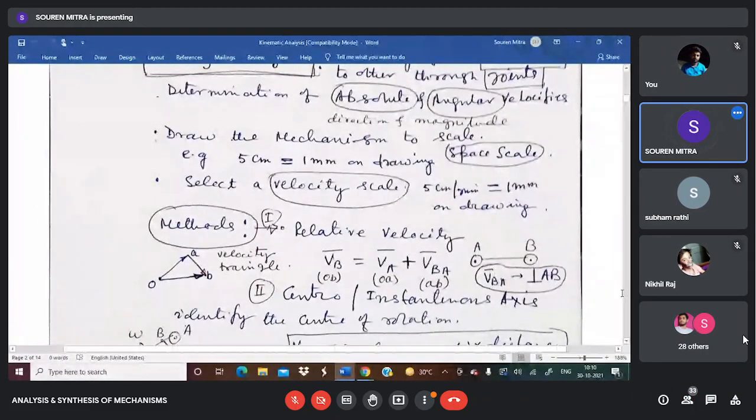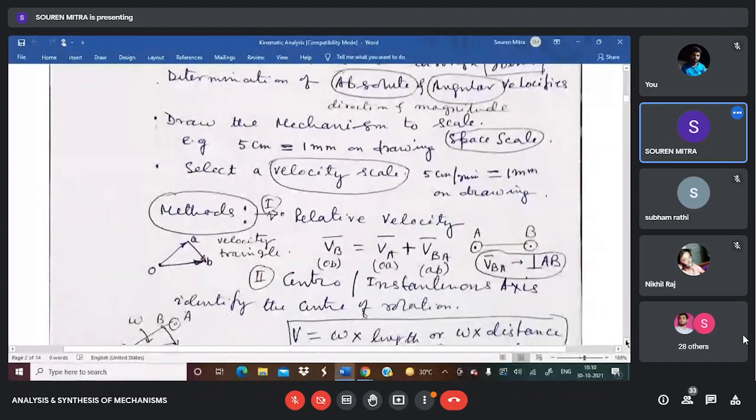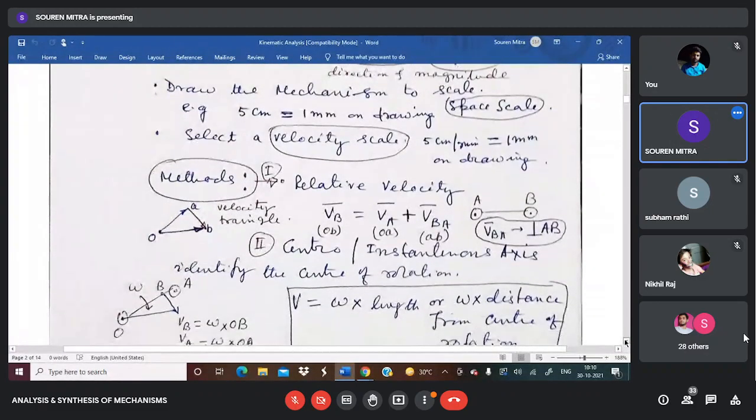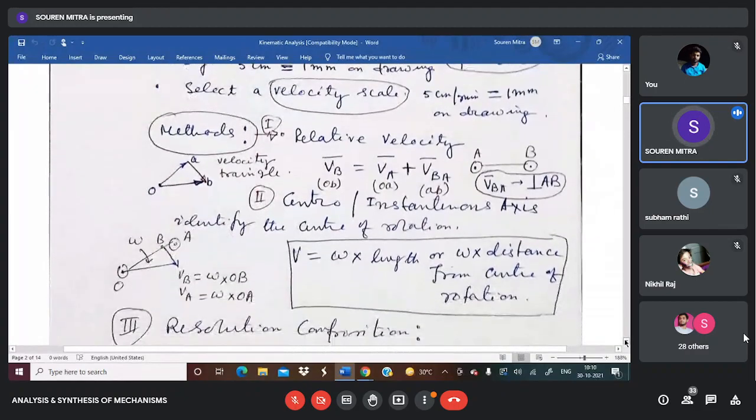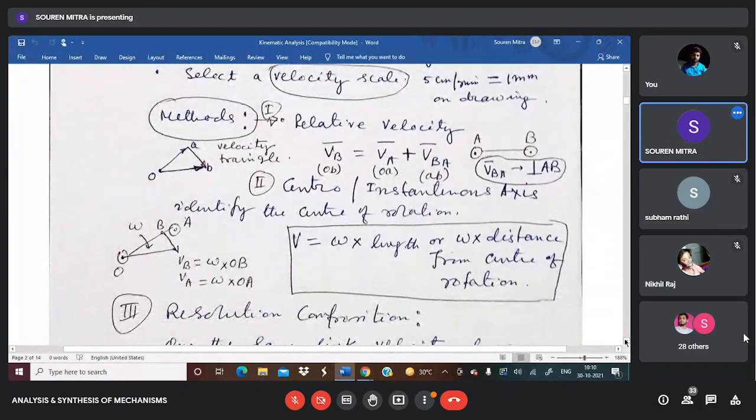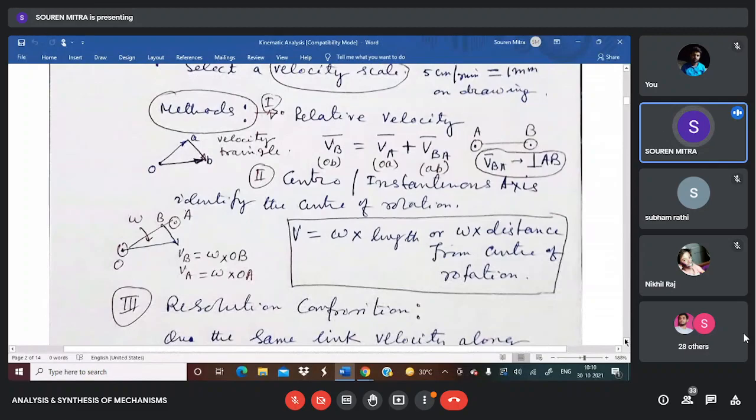Now, what are the methods? There are a number of methods, at least 3 methods, which we will learn about. One is the relative velocity method, and this is the most general one, and probably in your mechanics class also you have learned about this.